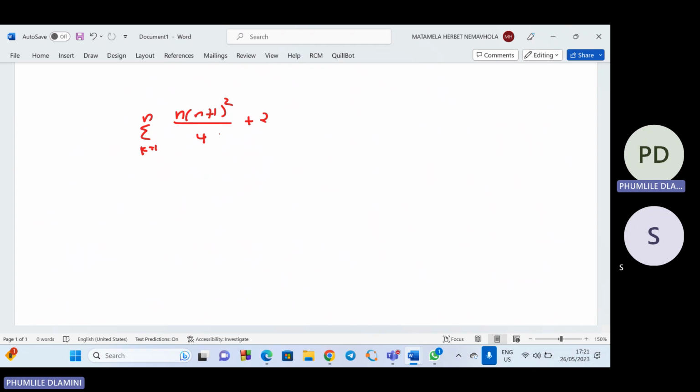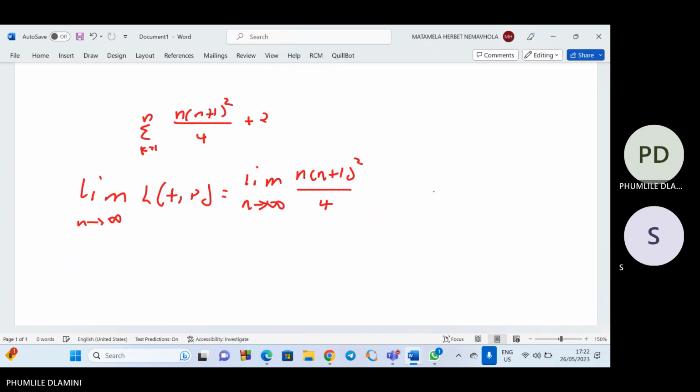Now when we find the limit as n approaches infinity of L of f and P, this is going to be equal to the limit as n approaches infinity of n in brackets n plus 1, squared, over 4, plus 2.